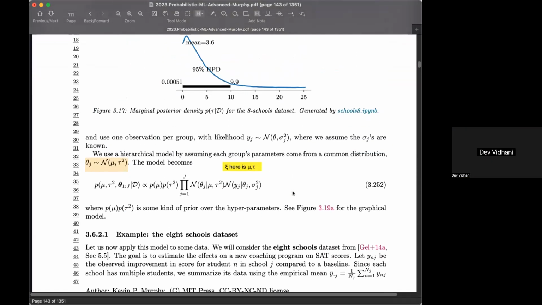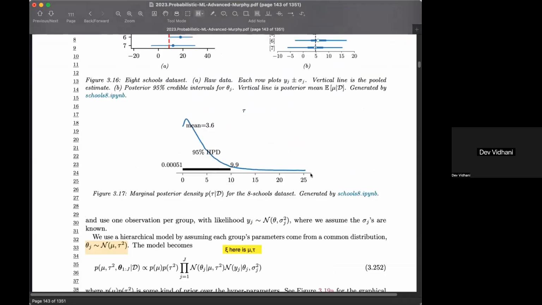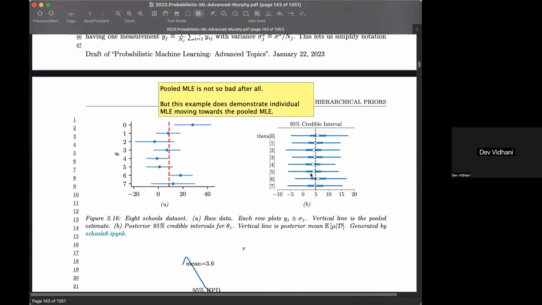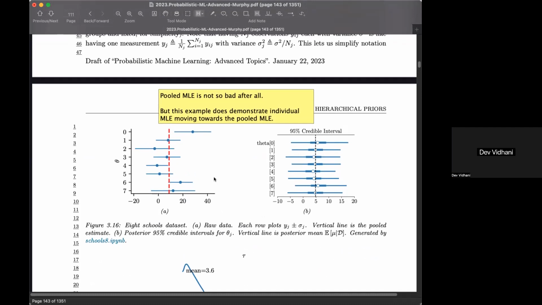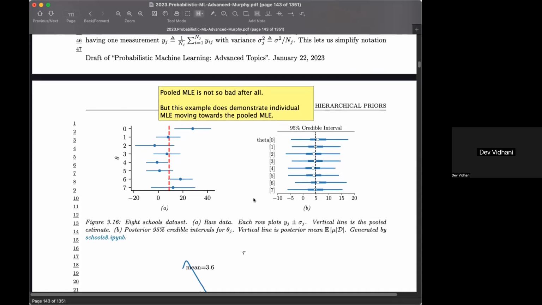Hey, Jayanth. If you go back to that one, the raw data, that vertical line is the pooled estimate for theta, which seems, if I have to estimate, more like around 7.5. Is that right? Versus in the B graph, it seems to be around 5. So there is some variation or change that happened.